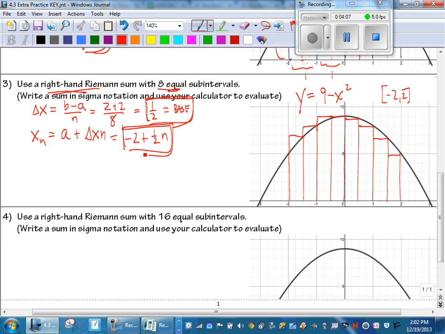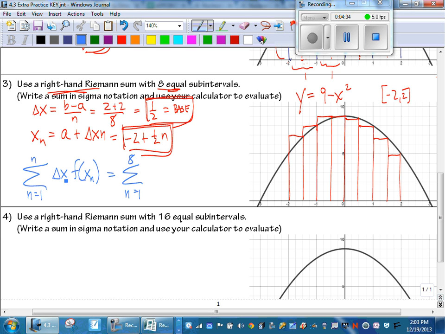Well, now, our equation to set up in sigma notation looks like this. We're taking the sum from n equals 1 to n, the number of subintervals, of delta x times f of x sub n. So for our example here, we're taking the sum from n equals 1 to 8.